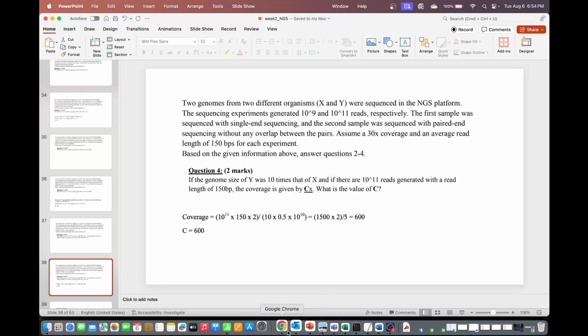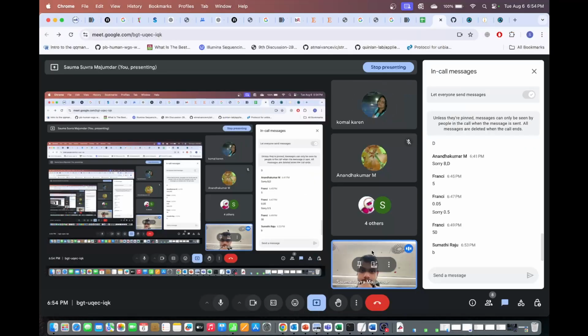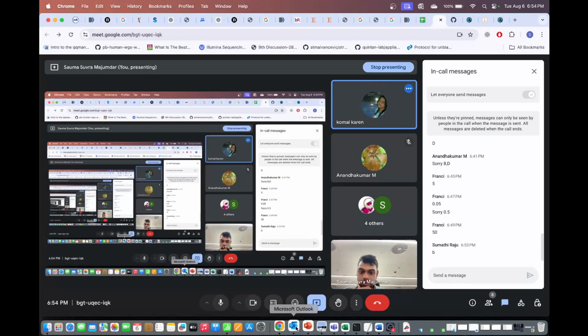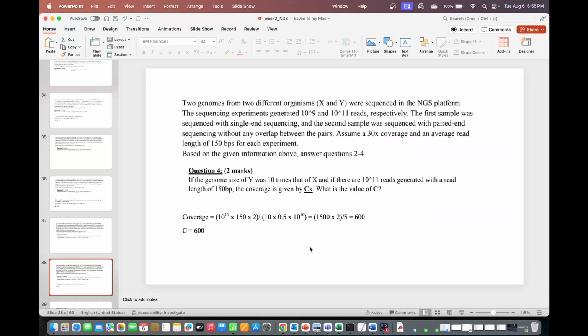There it was given that B is 100 and C is 600. Sorry, the coverage is 300, it was given, and B was 50.